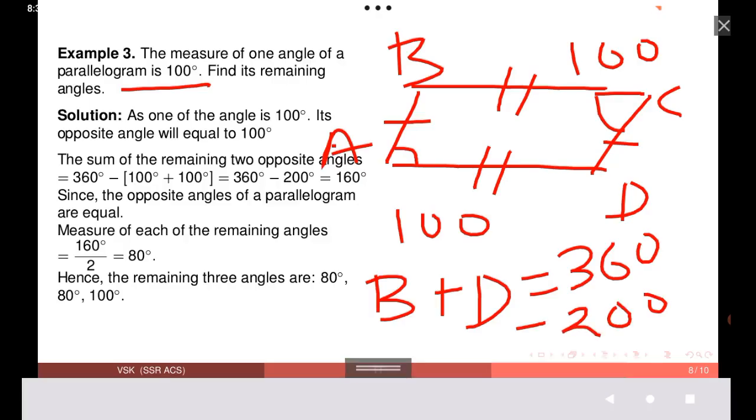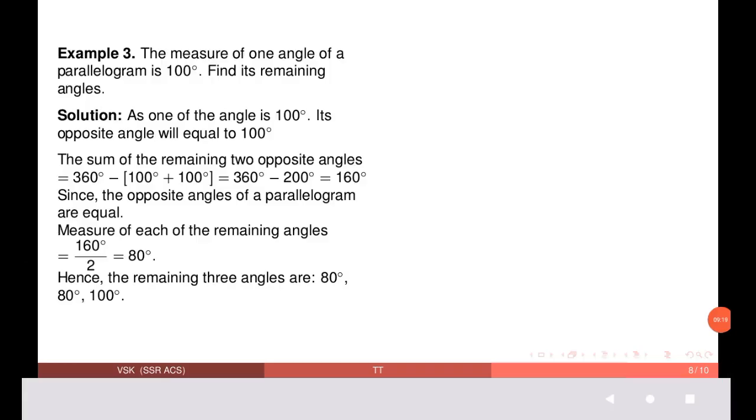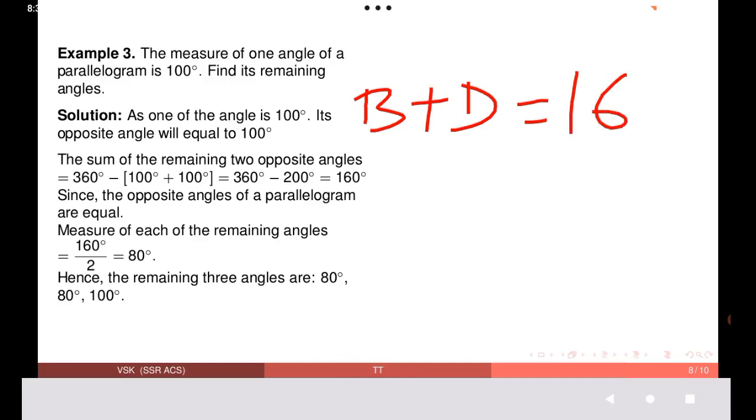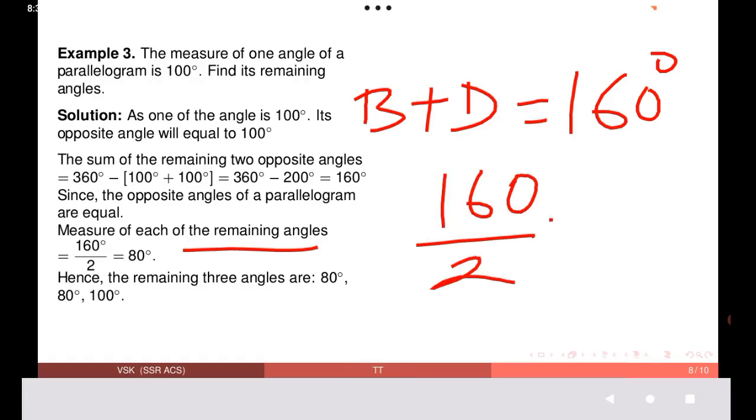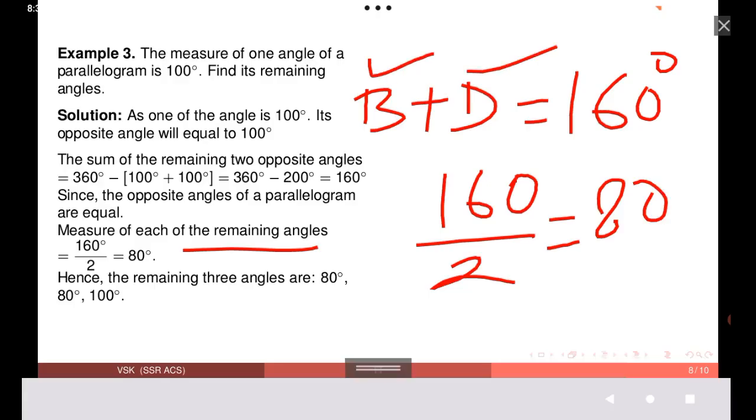So the sum of angle B and angle D will be 160. So the measure of each angle will be half of this. So 160 divided by 2, that is 80. Because angle B and angle D will be equal, as it is a parallelogram. So the remaining angles are 80, 80 and 100.